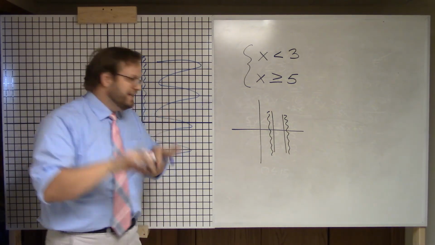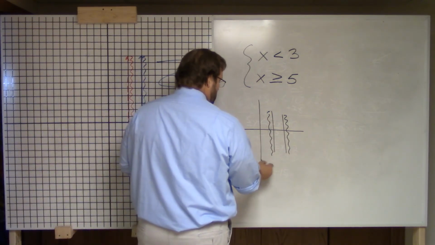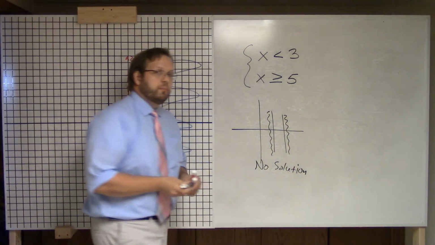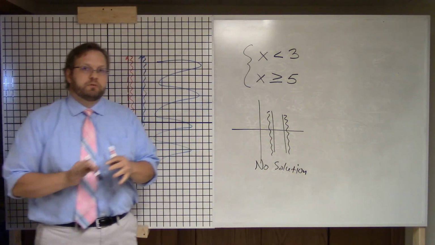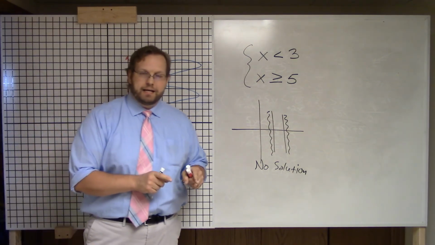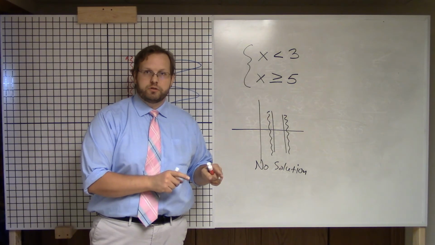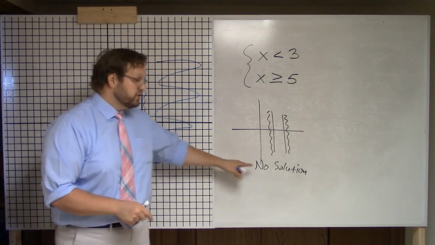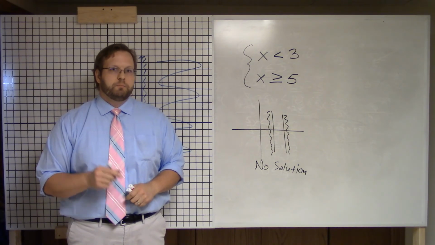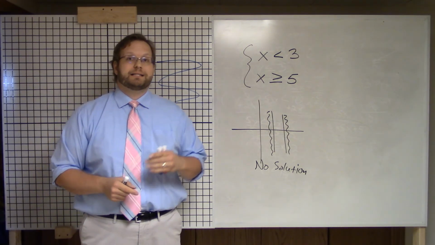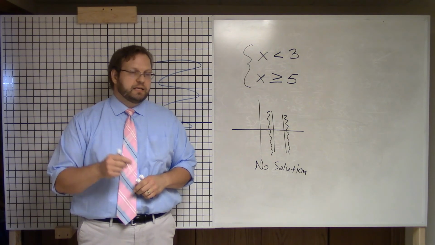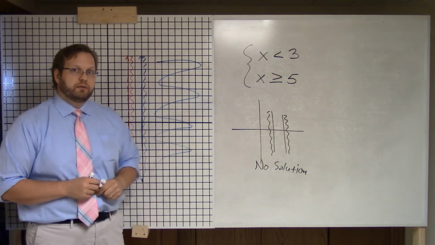No. This would be a no solution. So the bottom line is, when you're dealing with a system of inequalities, just because they're parallel lines does not mean they're no solution. But if it is no solution, they would have had to have been parallel lines to begin with. So parallel lines just gives you the possibility of a no solution. It doesn't guarantee it. We still have to dig in and see where the shading falls out.